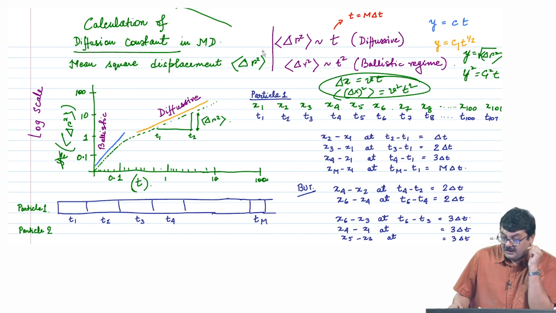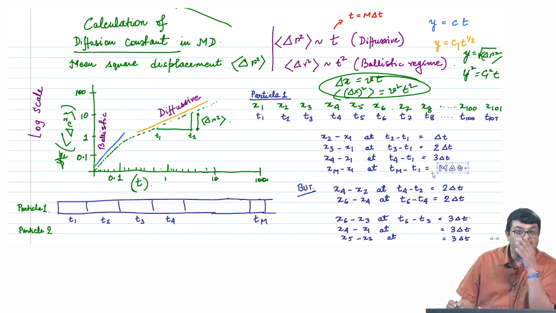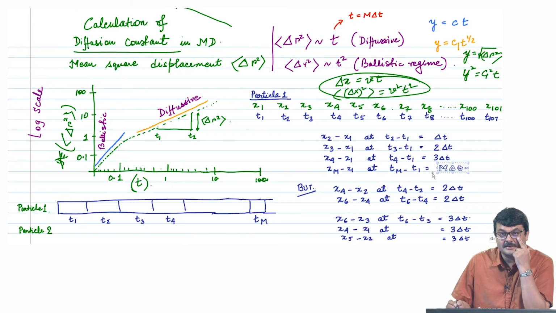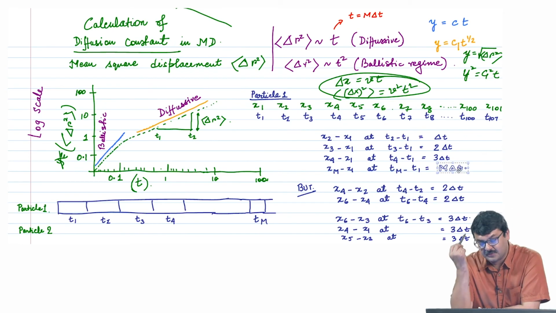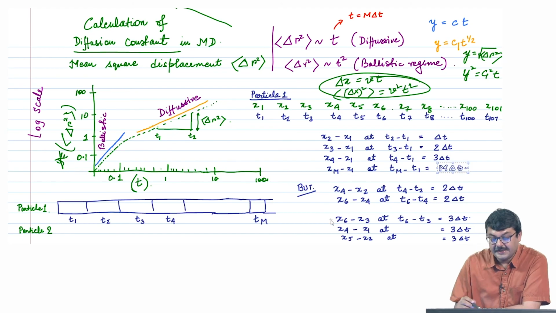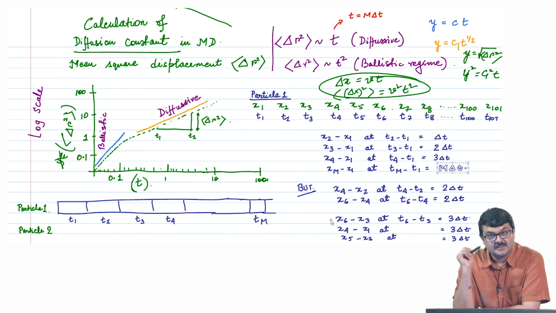Now, the thing to notice is that when m is large, suppose m is 10 lakh iterations, then the time elapsed is 10 lakh into dt, if you are taking dt to be 0.005. Then you are unable to average so well from a single trajectory.